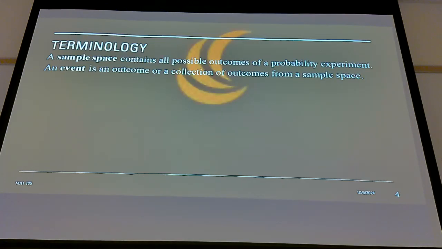An event is an outcome or a collection of outcomes from a sample space. Once again, it's a set. And it's always a subset of your sample space.